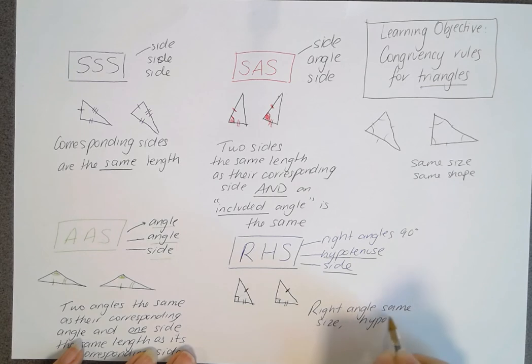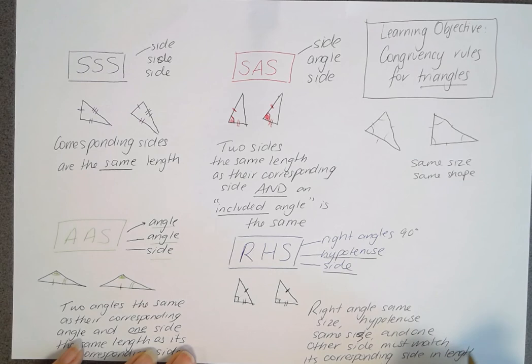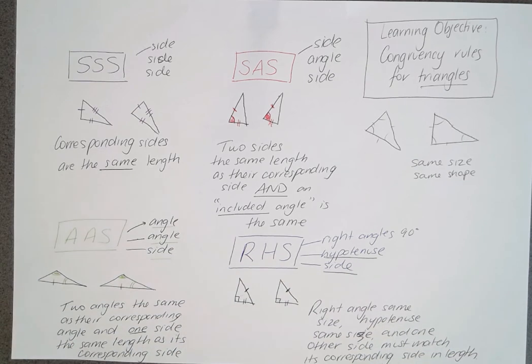The hypotenuse are the same size, and one other side must match its corresponding side in length. There are our 4 congruency rules.